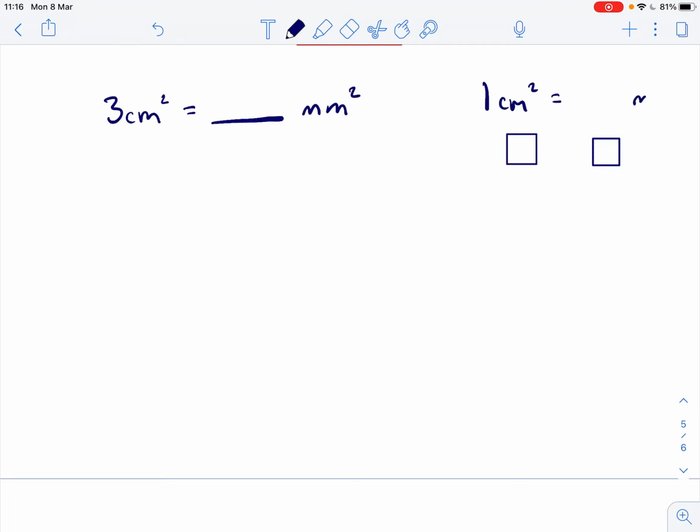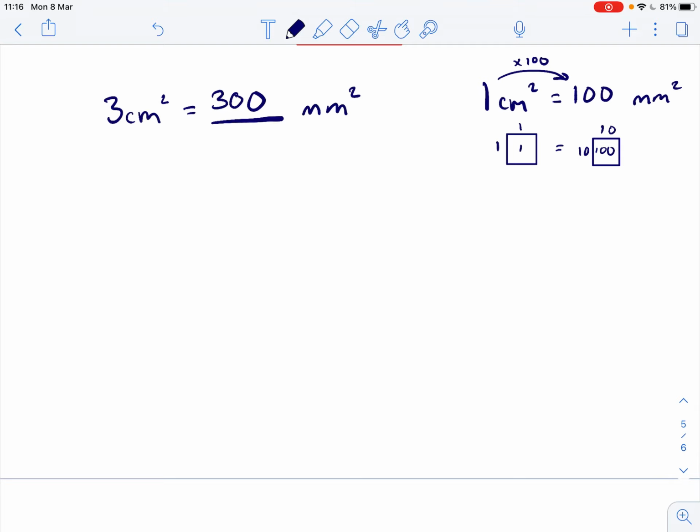What do you think it's going to be? What's our scale factor? Well, there are 10 millimetres in 1 centimetre, so there must be 100 millimetres squared in 1 centimetre squared. So our scale factor is 100. So if I have 3 centimetres squared, I must have 300 millimetres squared.